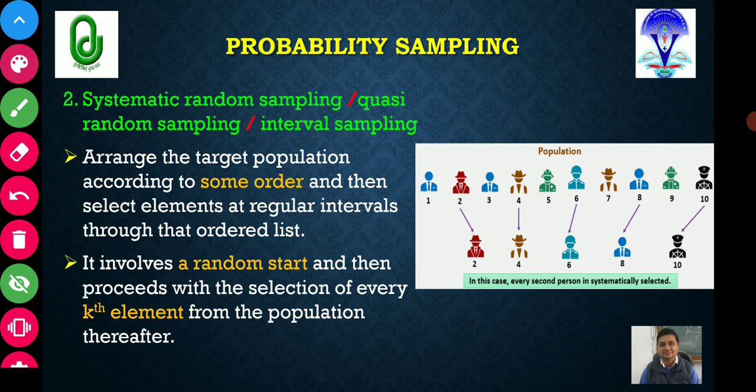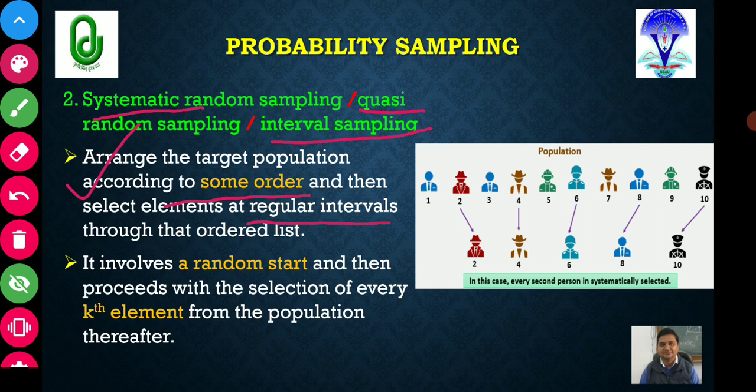Now the second one is the systematic random sampling, or quasi-random sampling, or interval sampling. Here what we are doing, we are arranging the target population according to some order, either in increasing order or decreasing order or whatever way, based on the color or based on any number, and then select the animals at regular interval.